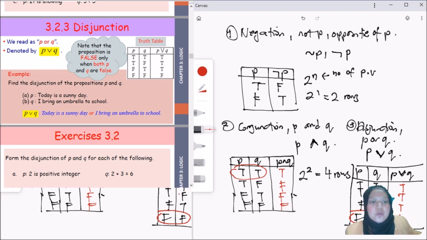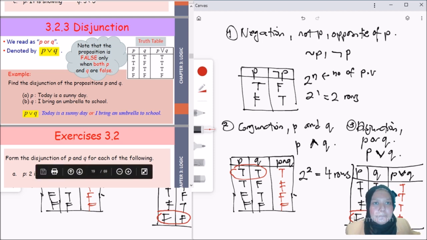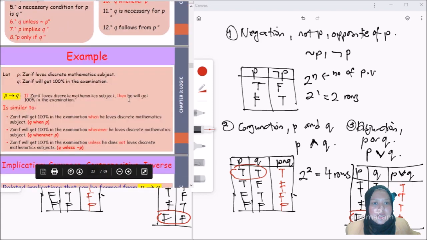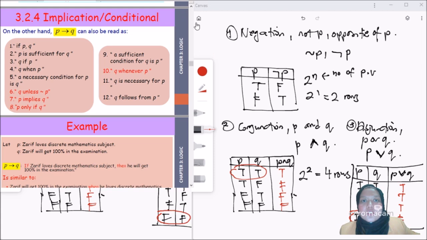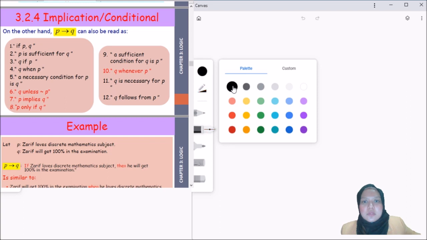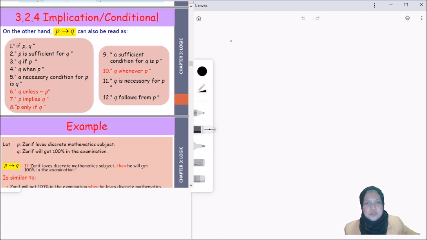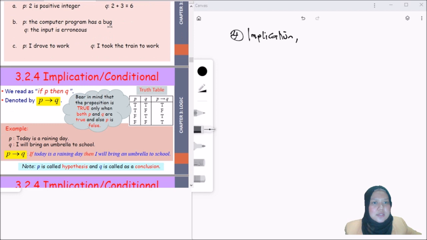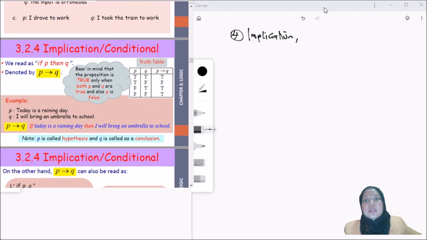Let's move on to the next type of logical connective, which is implication. Sorry, I said it was third, but the fourth type of logical connective is implication.